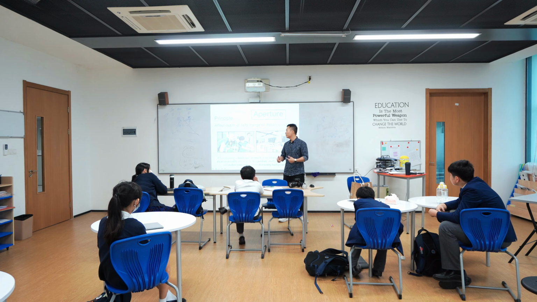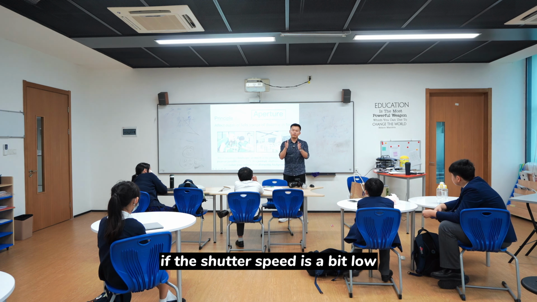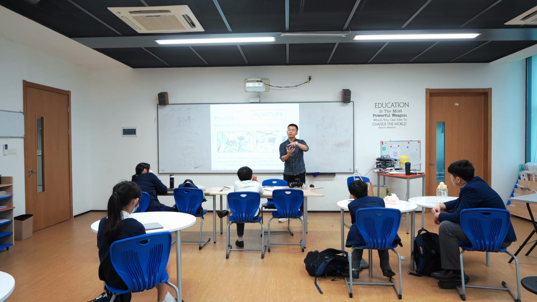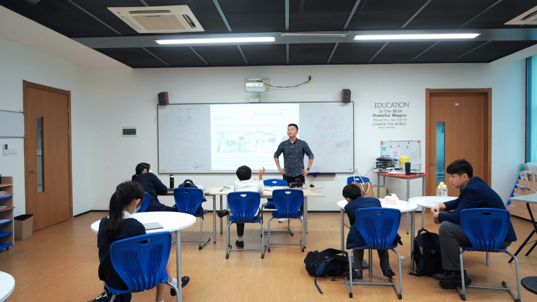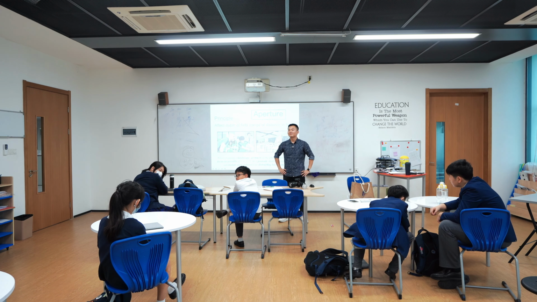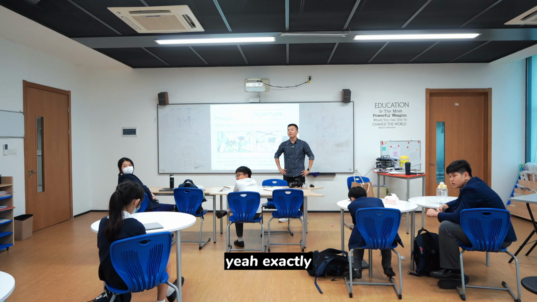That way the people won't get blurred, because if the shutter speed is a bit low, that means the time it takes to close the shutter is quite slow. Yeah, exactly.